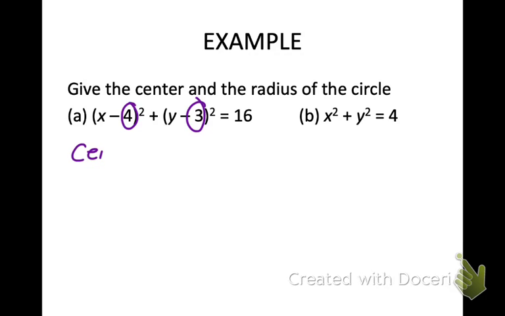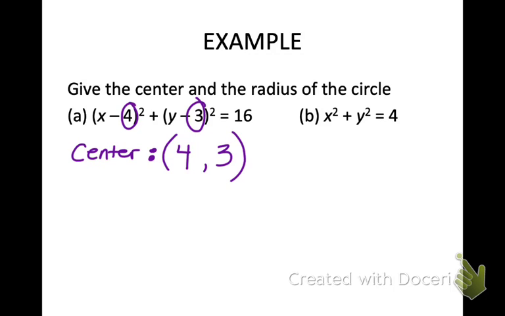So my center is the ordered pair. Now, because this is a minus of 4, that's kind of the same as minusing a positive 4, my x coordinate for my center is going to be 4, and my y coordinate for the center is going to be 3.